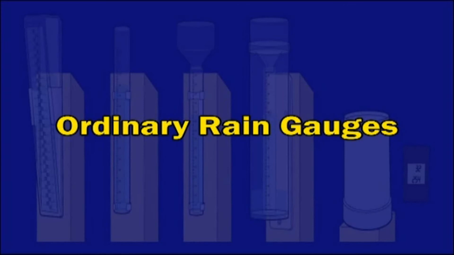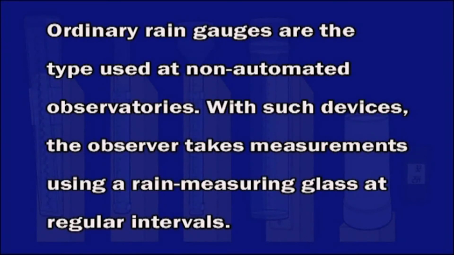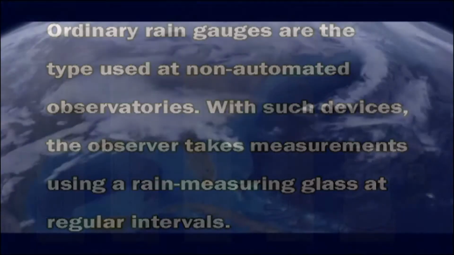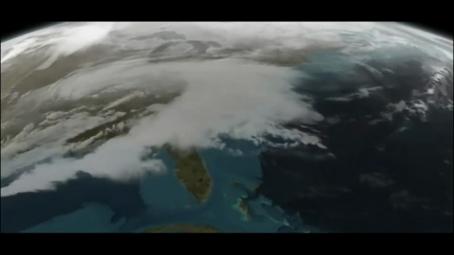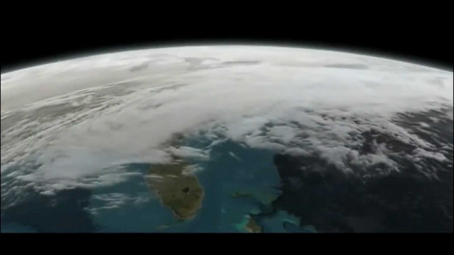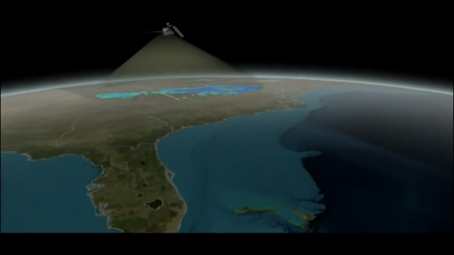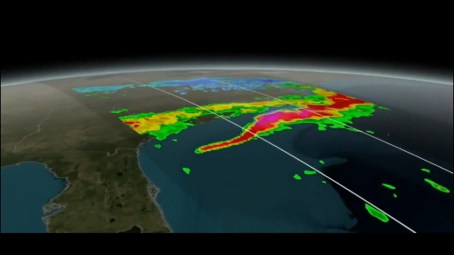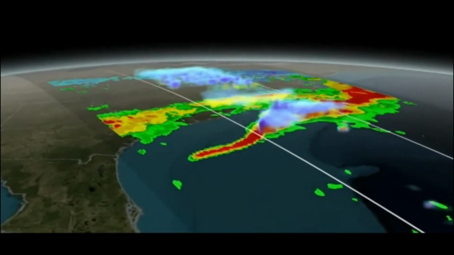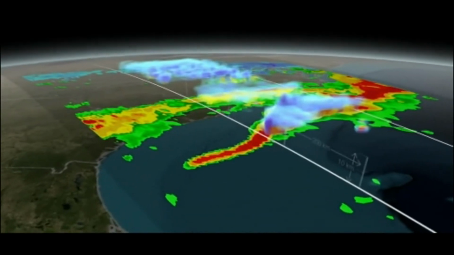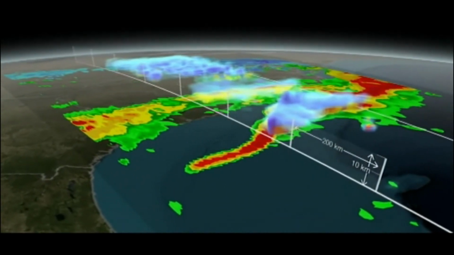Ordinary rain gauges. Ordinary rain gauges are the type used at non-automated observatories. With such devices, the observer takes measurements using a rain measuring glass at regular intervals. This type of rain gauge consists of a receptacle, a shell, a storage bottle, a storage vessel and a rain measuring glass, which is a measuring cylinder graduated in precipitation amounts based on the diameter of the receptacle's orifice.